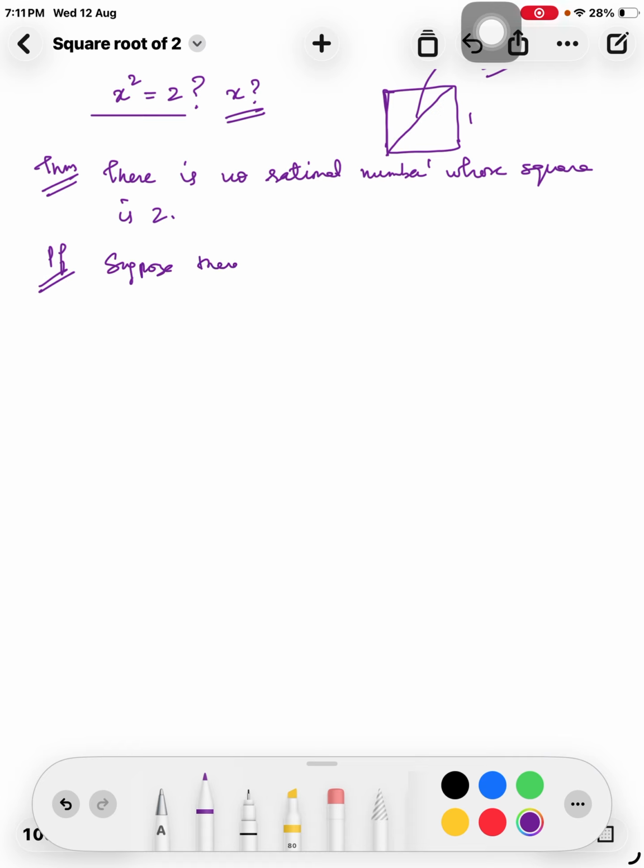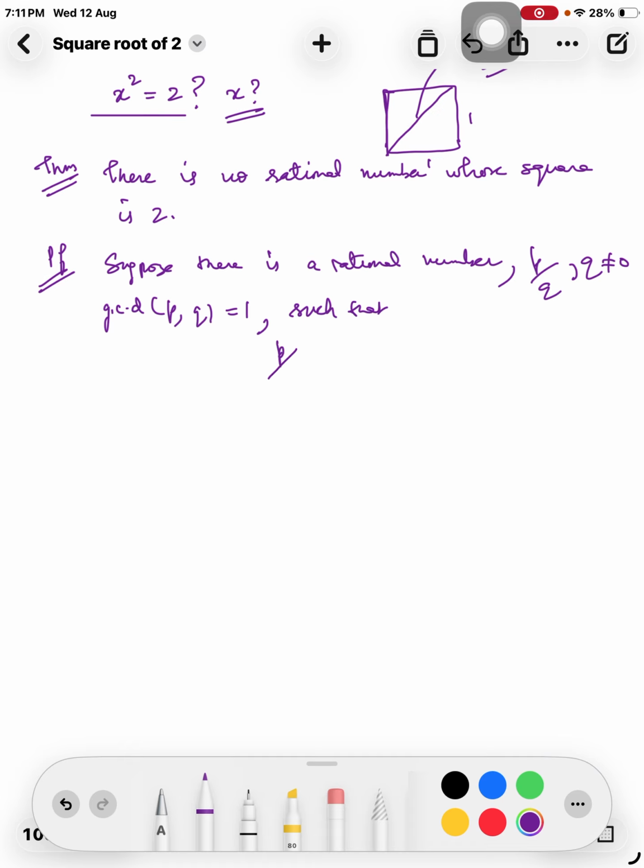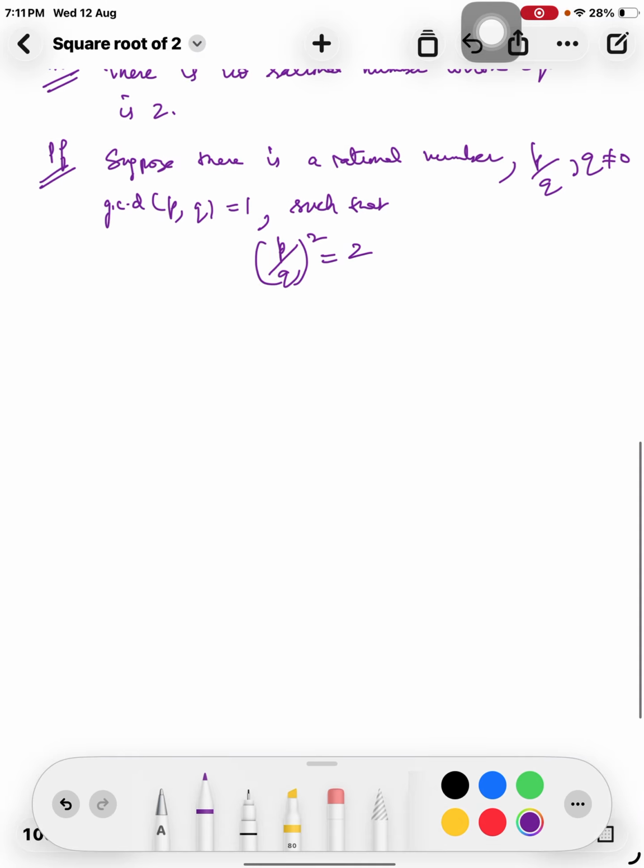there is a rational number, say p by q with q not 0, and also assuming that the GCD of p and q is 1, that is the rational number is in the simplest form, such that (p by q) square is equal to 2, right?